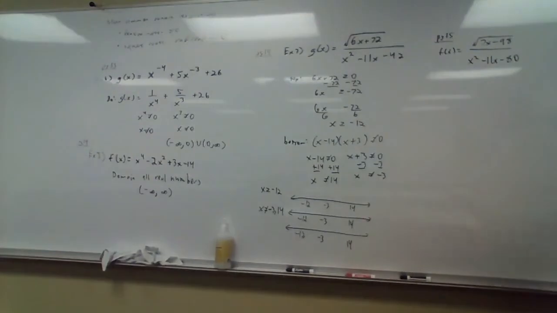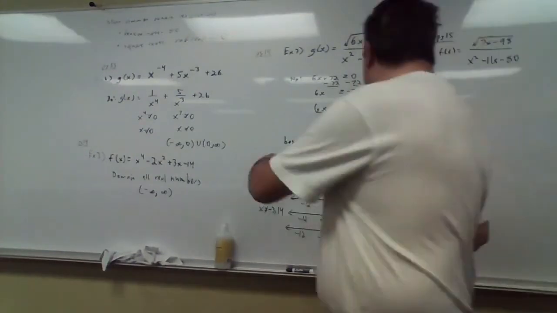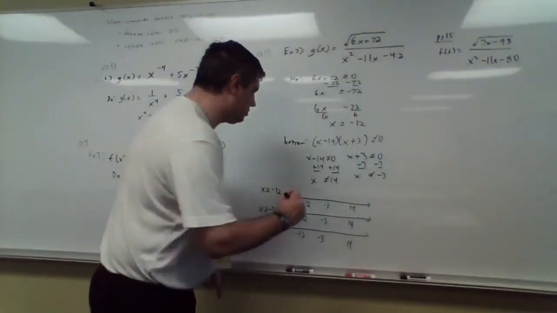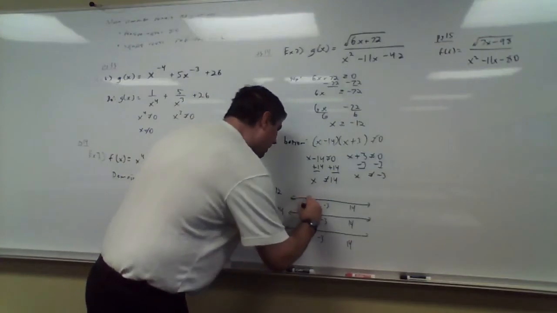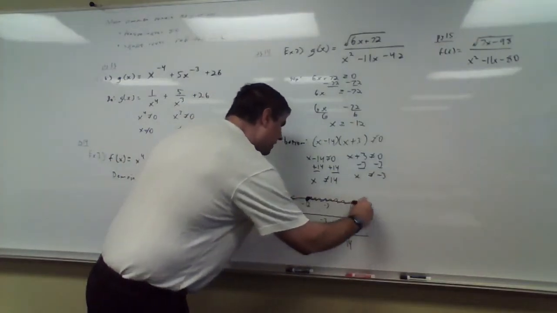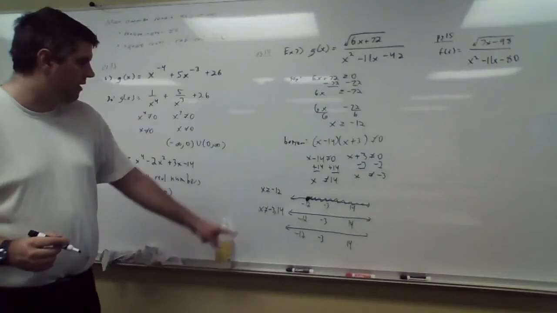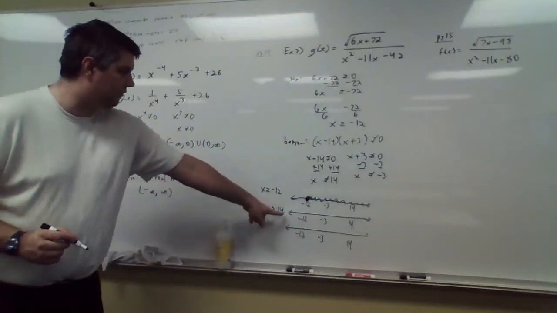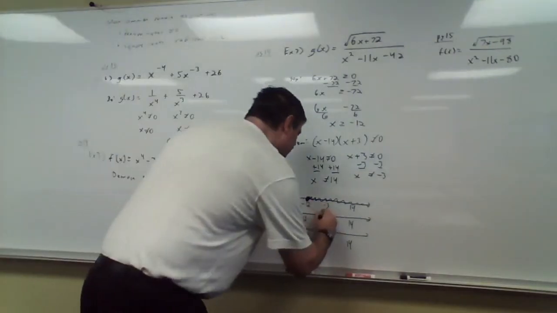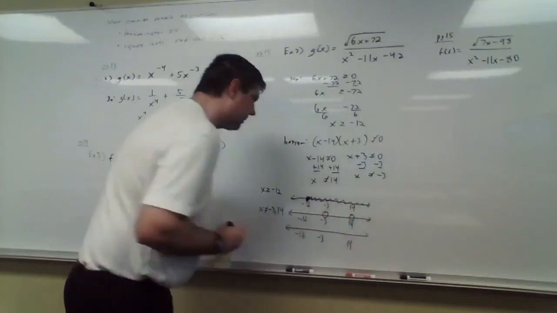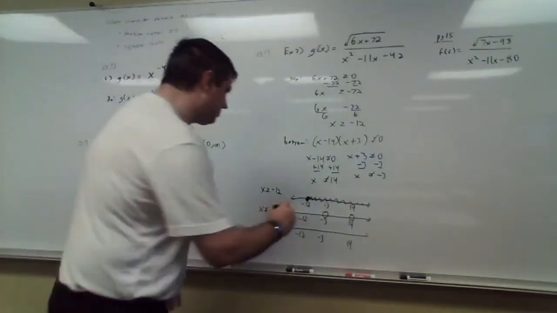Now, to describe x is greater than or equal to negative 12, I'm going to put a closed dot over the negative 12. I'm going to shade the numbers that are greater than negative 12. For x cannot equal negative 3 or 14, I will put open dots over these two. And I'll shade in everything else.